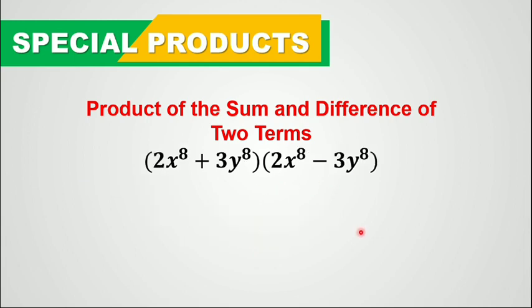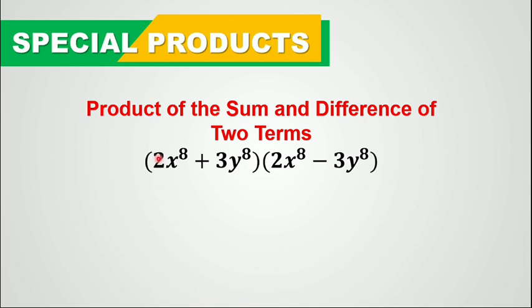So this time, let's try a more complicated example. Let's multiply 2x to the 8th power plus 3y to the 8th power times 2x to the 8th power minus 3y to the 8th power. So as what you can see, the exponents are bigger than the previous examples.